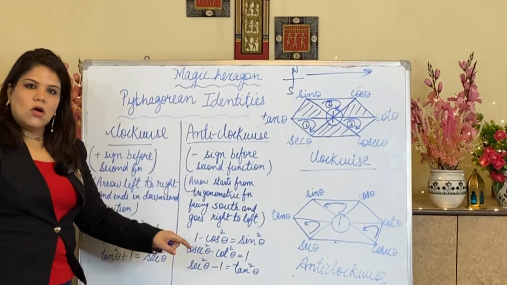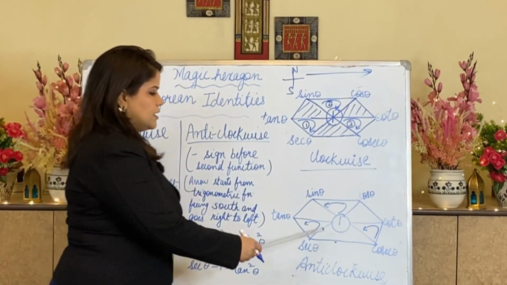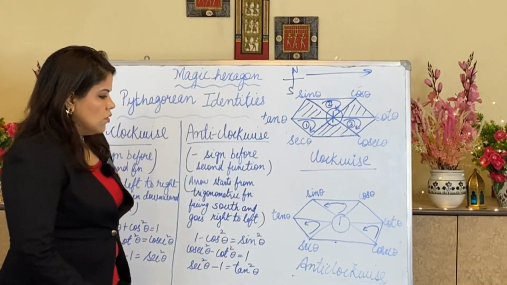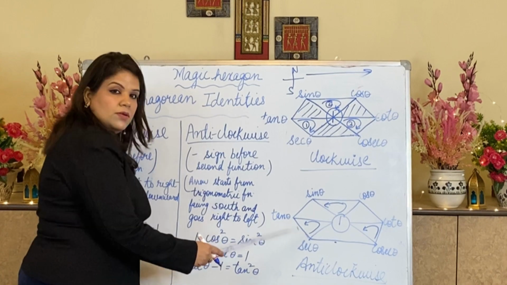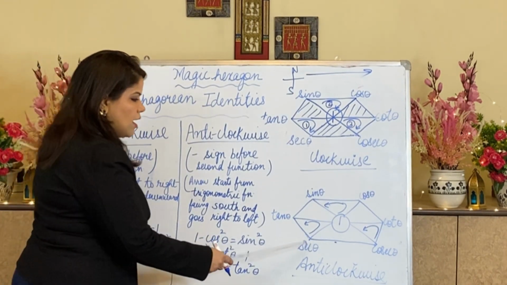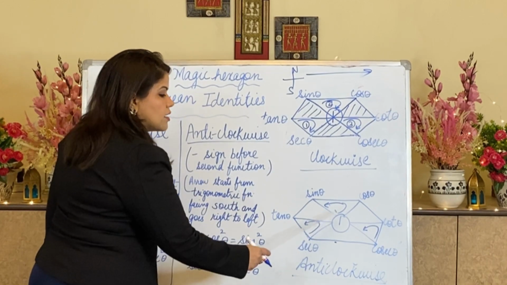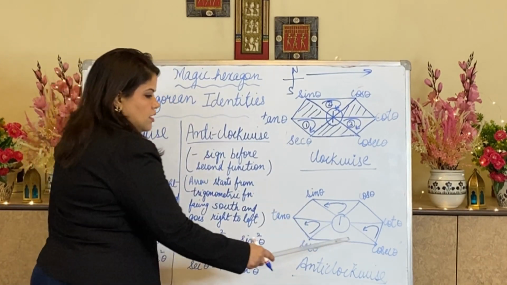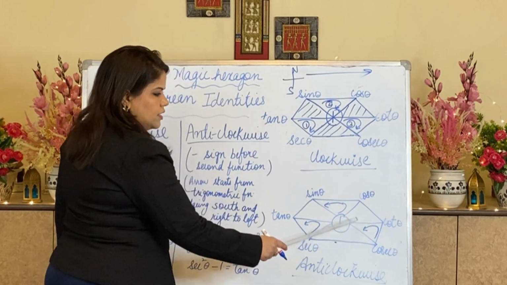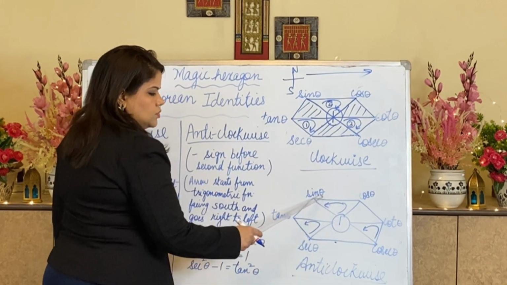And for anti-clockwise, I will be taking again these three triangles, and now my arrow will be starting from the function which is facing towards south, and my arrows are moving from right to left. Starting from south, a trigonometric function, right to left.